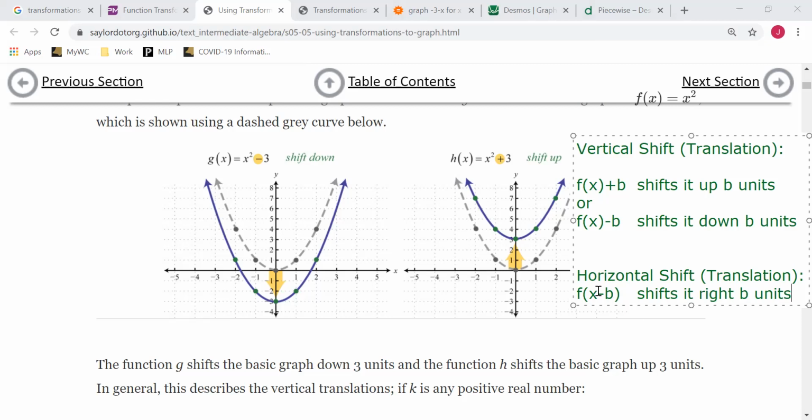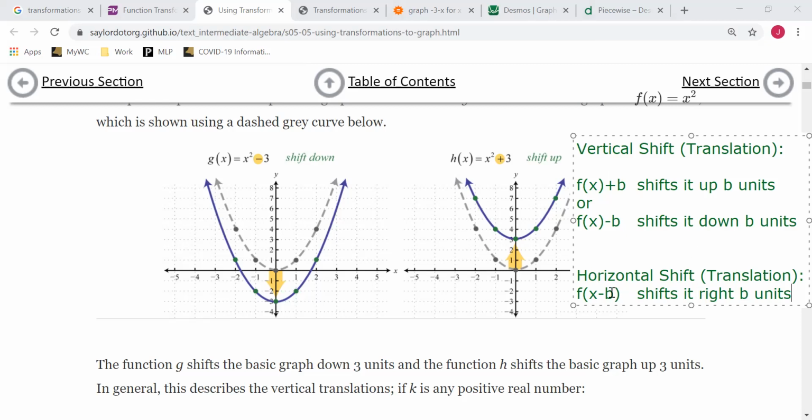Well, this is one of the most confusing parts of this graphing techniques section. Whenever you apply something in the vertical sense, to the entire function outside of the function, it goes along in the usual direction. I'm adding, so it's going to go up. I'm subtracting, it's going to go down. But whenever I apply it to the x first and then plug that into the function and apply the function around it, it's got this weird opposite effect.